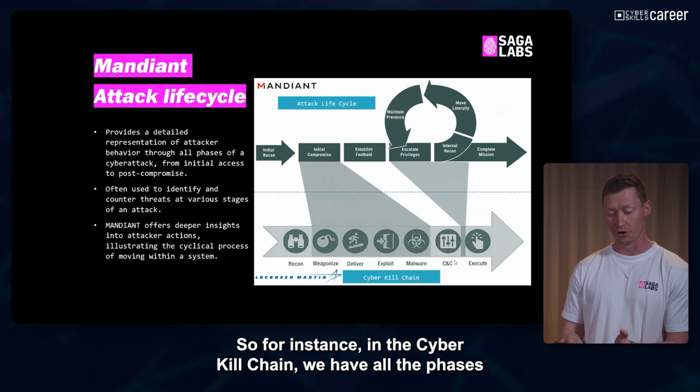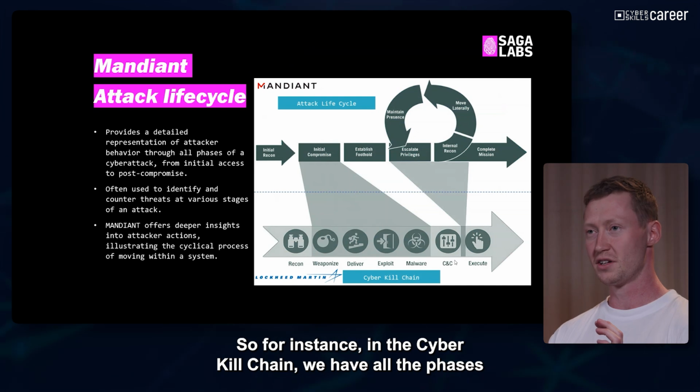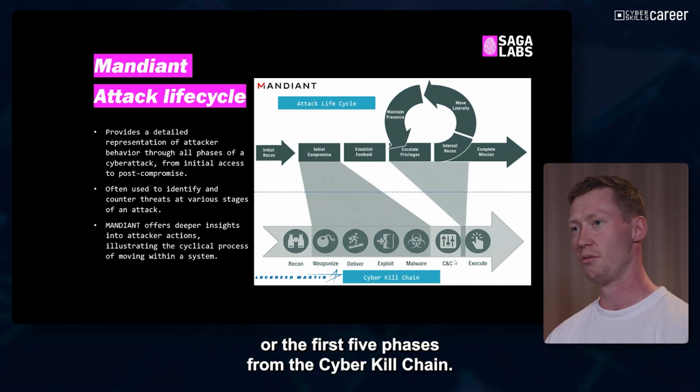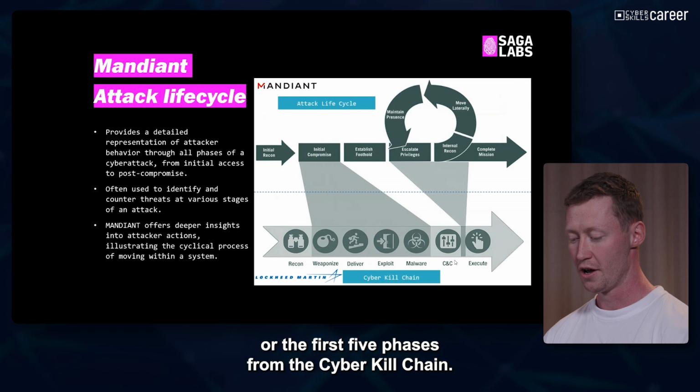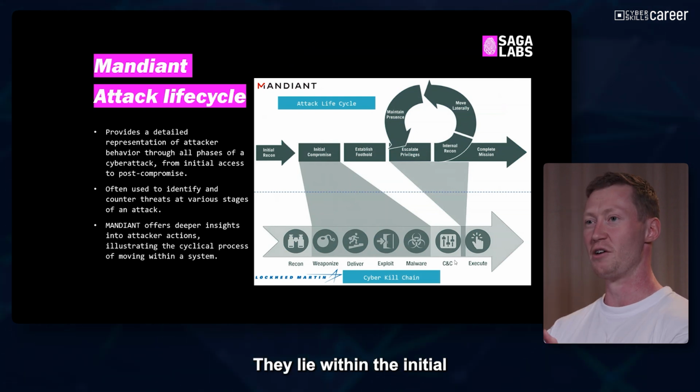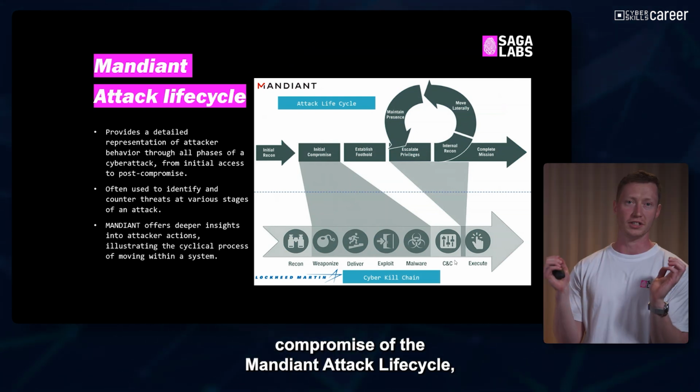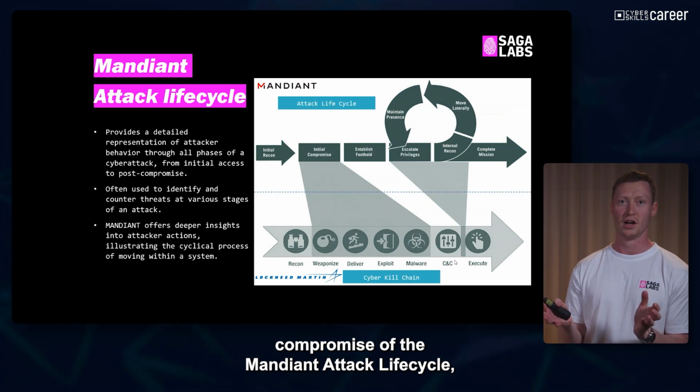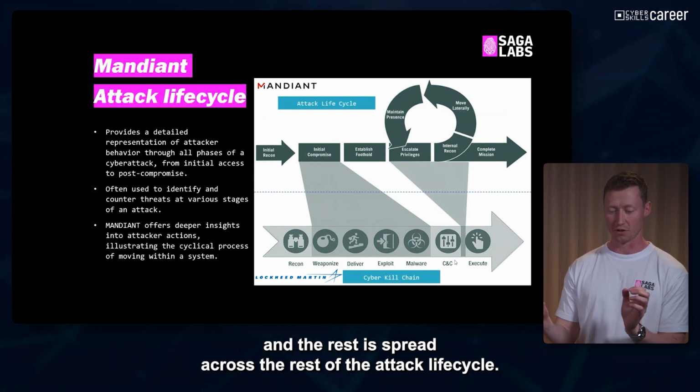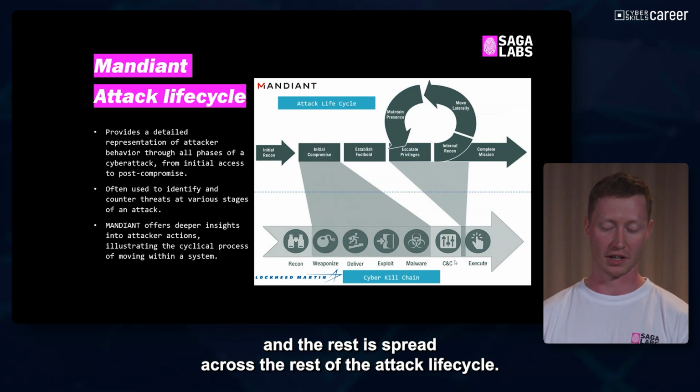For instance, the first five phases of the cyber kill chain lie within the initial compromise of the Mandiant attack lifecycle, and the rest is spread across the rest of the attack lifecycle.